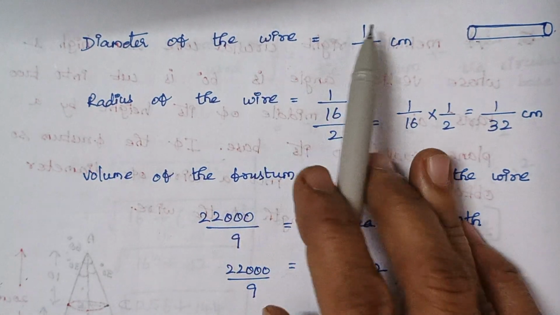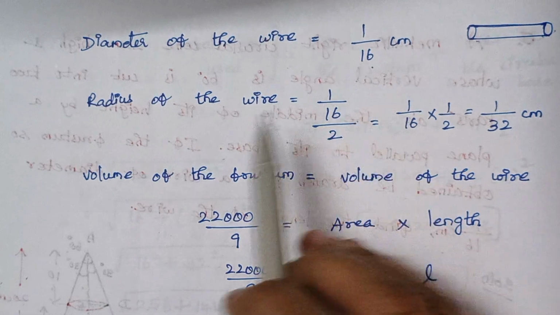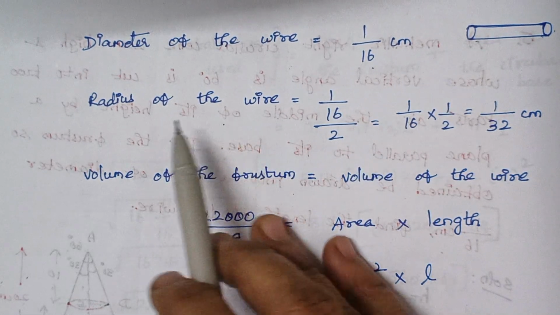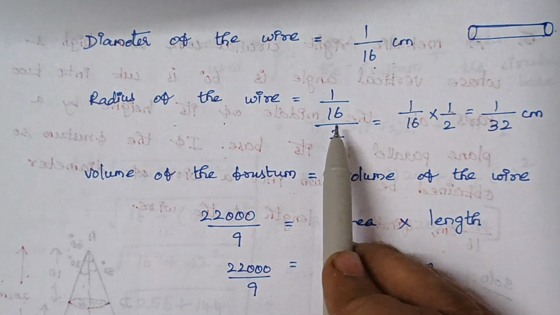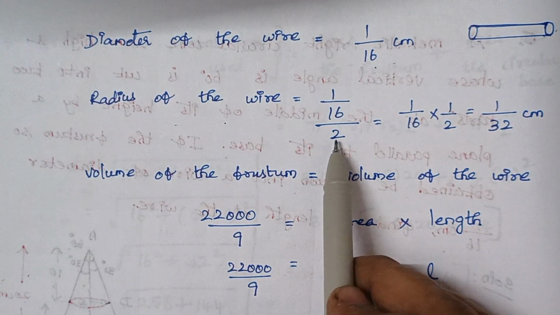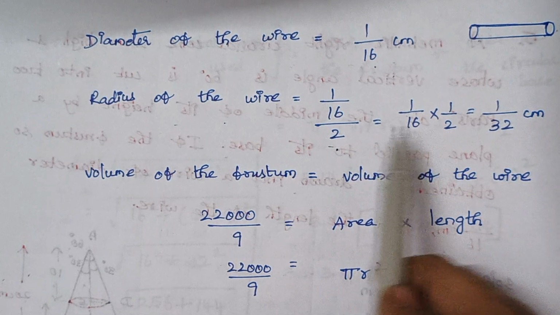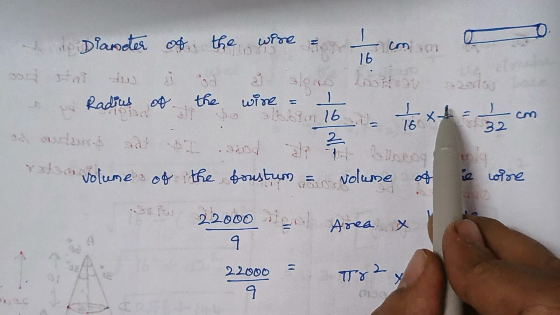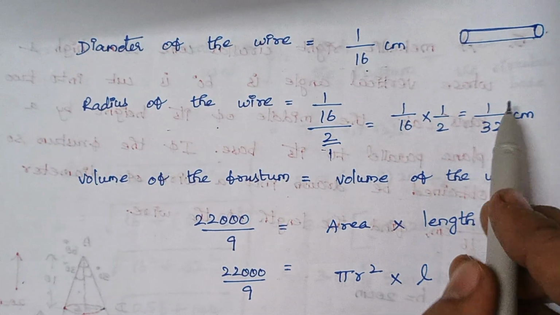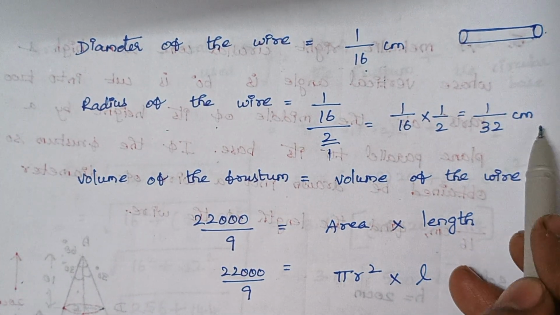So here the diameter is 1 by 16. So now we are calculating the radius. Radius is nothing but diameter divided by 2. So here it is 1 by 16 by 2. When you move this 2, here it is 2 by 1, right? So when you move this to the denominator part, it becomes 1 by 32. So here the radius is 1 by 32 centimeter.